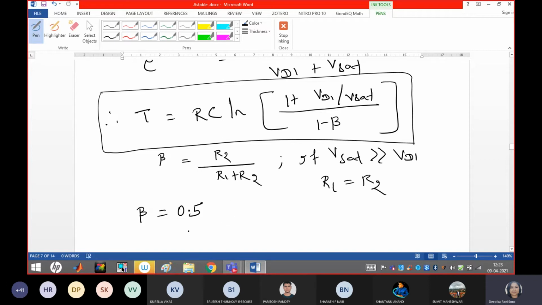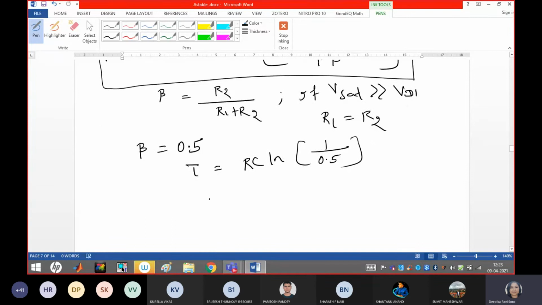So how much will I get for the time period if I apply all the values? If you write T equal to RC ln of 1 by 0.5, this value is nothing but RC times 0.69. Or I can rewrite that the time period of the monostable multivibrator is nothing but 0.69 RC.